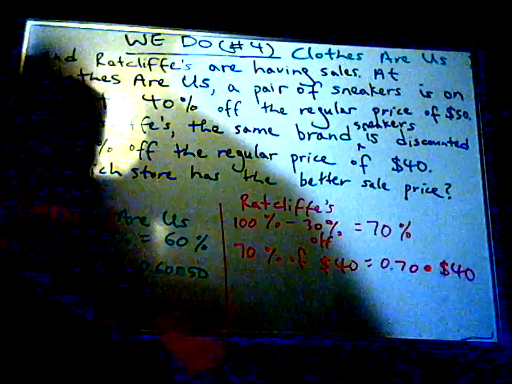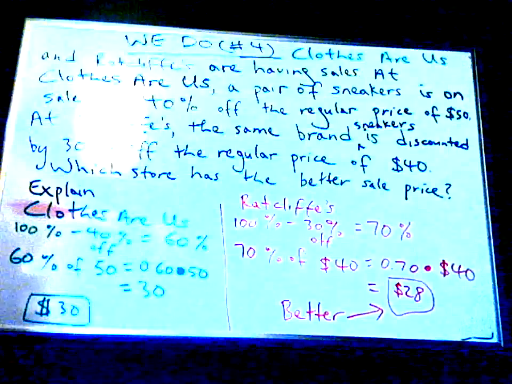It's going to be 0.70 times 40. Of course, the dollar sign is not in your calculator, so 0.70 times 40 is going to be $28. So the better price is $28.